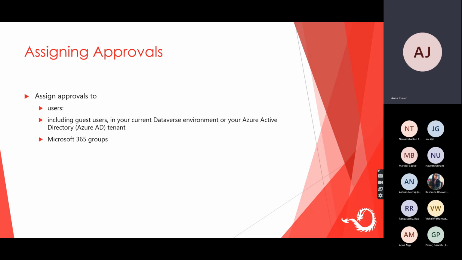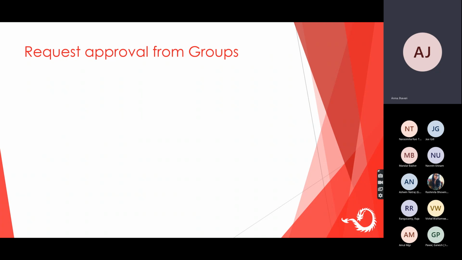So that is how you can assign approvals to users, including guest users, as well as Microsoft 365 groups. For assigning approvals to groups, there are some nuances you need to take care of, which we'll discuss in the further slides when we come to the specific slide.